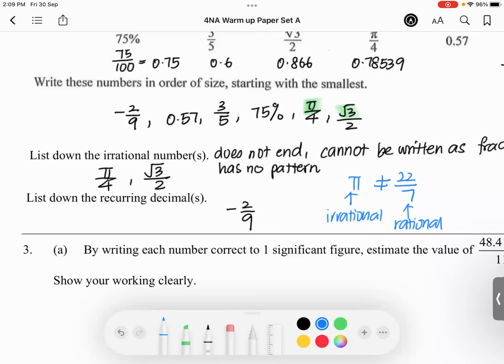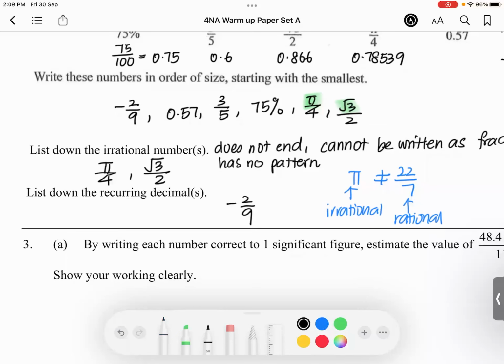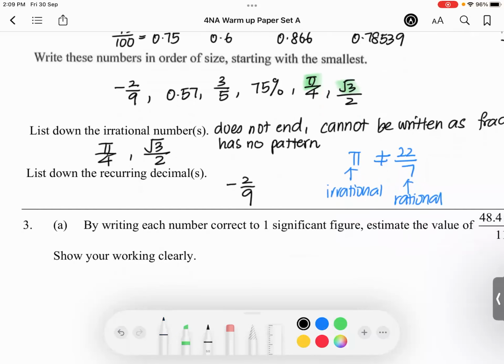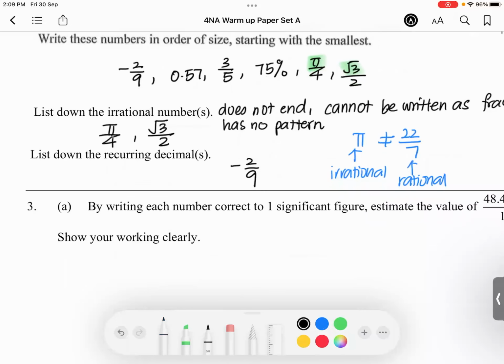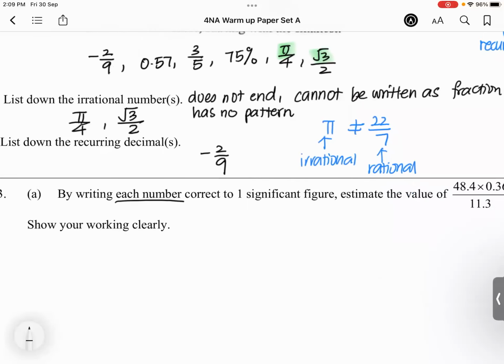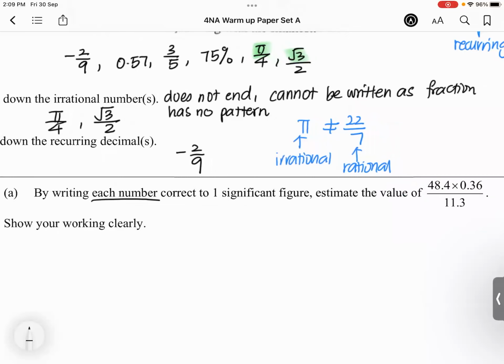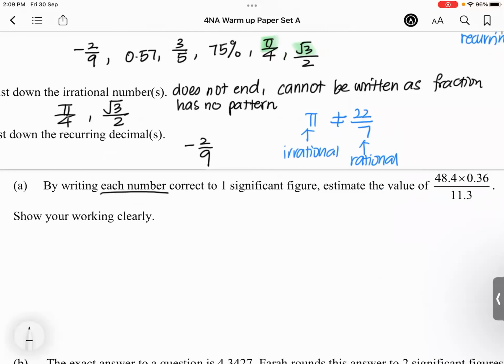Okay. Question number 3. By writing each number correct to one significant figure, you have 48.4, you round it off. You have 0.36, you round it off. 11.3, you round it off. Right? Do I need to ask people to tell me how to do this? Okay, so for 48.4, the 1st significant figure is down here.